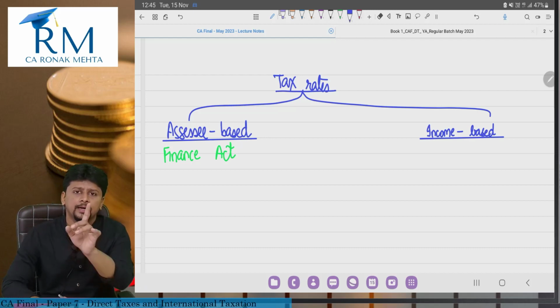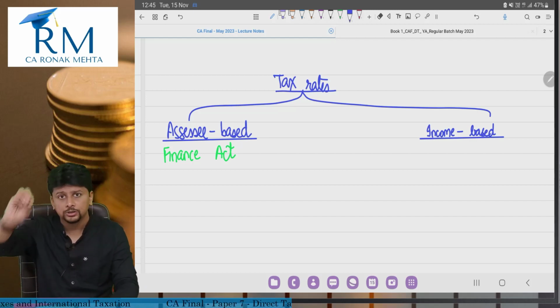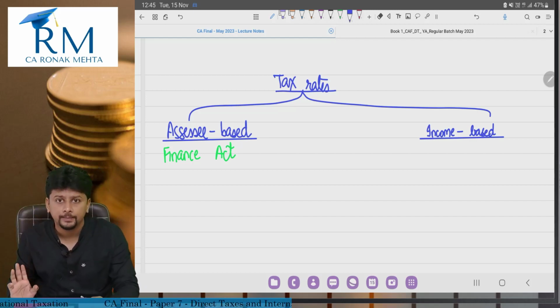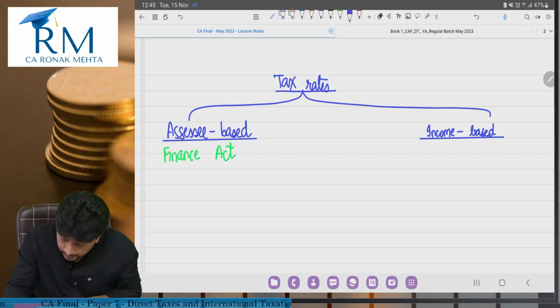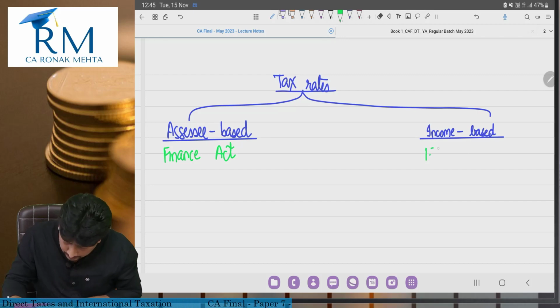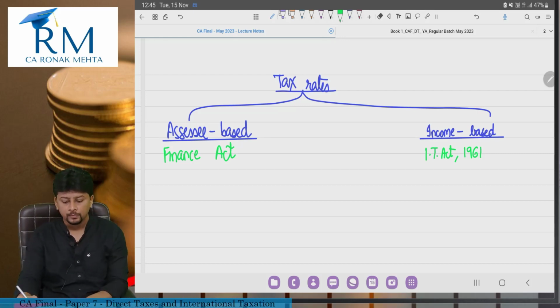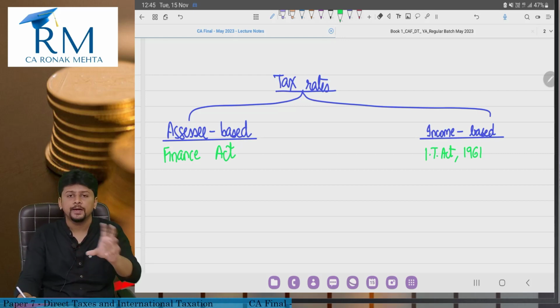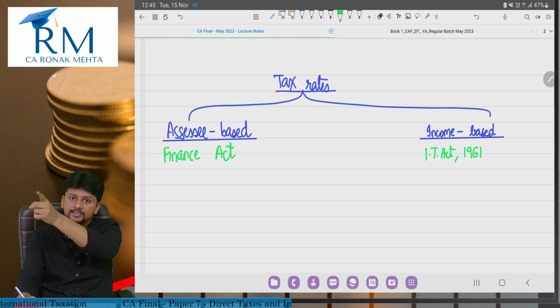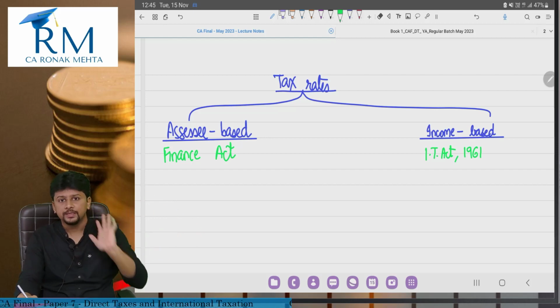Short-term capital gain under 111A is taxed at 15% for individual also, firm also, company also, AOP also, HUF also, everybody. And so, when they are income based, Income Tax Act 1961 gives you the rate of tax. So that does not change depending on the type of assessee. Whoever is the assessee, this is the income, look at Income Tax Act for the rate of tax. For all other types of incomes, assessee based.